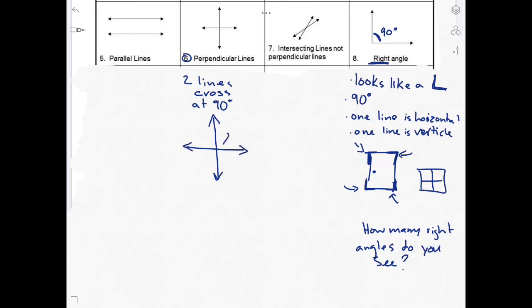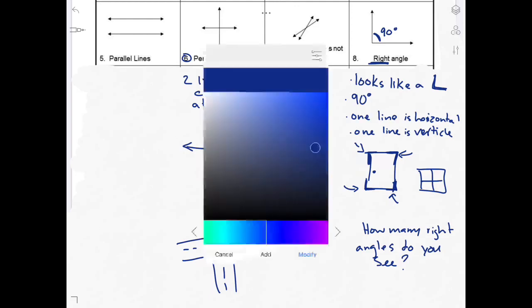And inside we have 4 right angles. Now, a great way to think about perpendicular lines is an intersection at a road. So if I was going to have a road like this, you can see, I mean my drawing's not great, but you can see that we have two lines that are perpendicular.